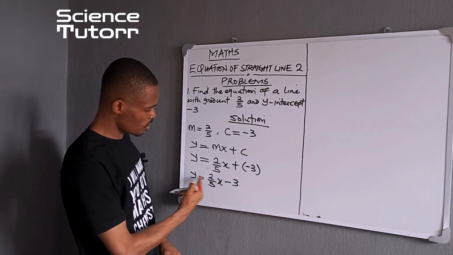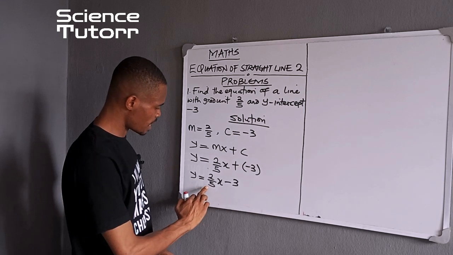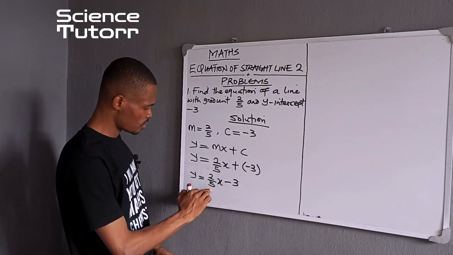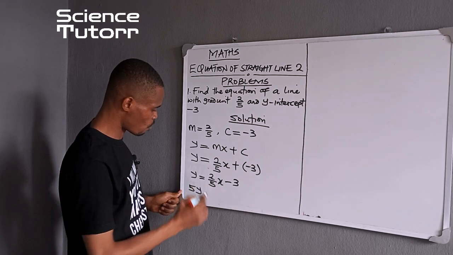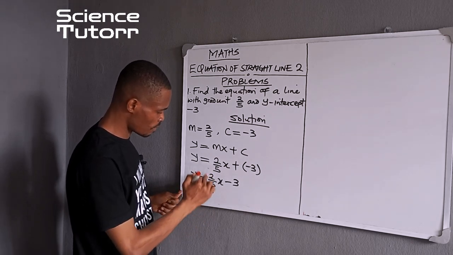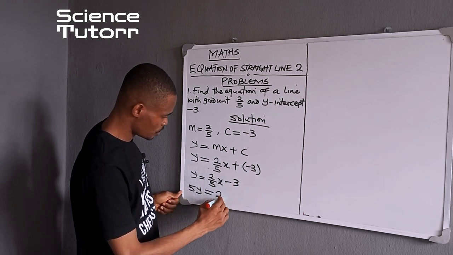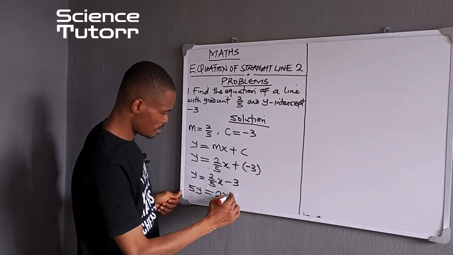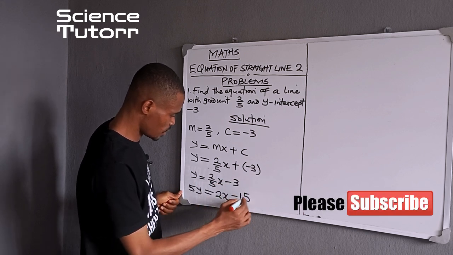This is the equation of the straight line. I can also eliminate the fraction by multiplying by 5. So 5 times y gives us 5y, equal to 5 times 2 over 5, which gives us 2x, minus 5 times 3, which is 15.